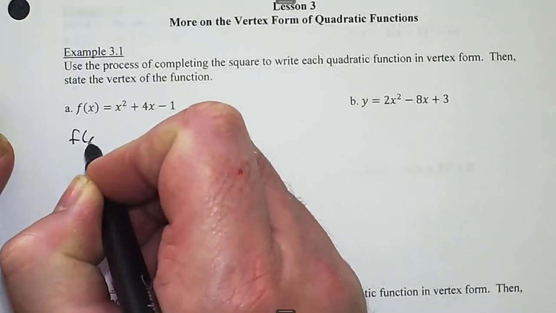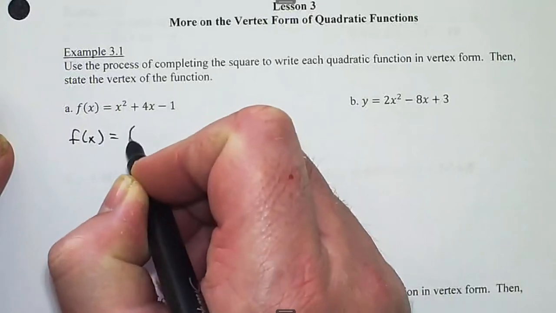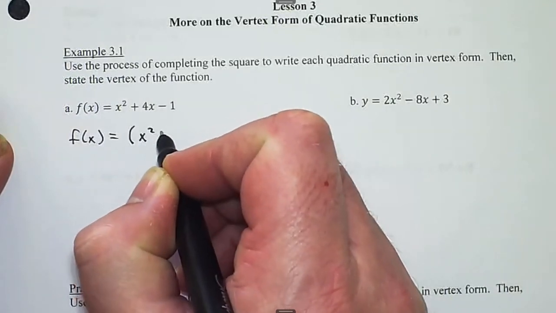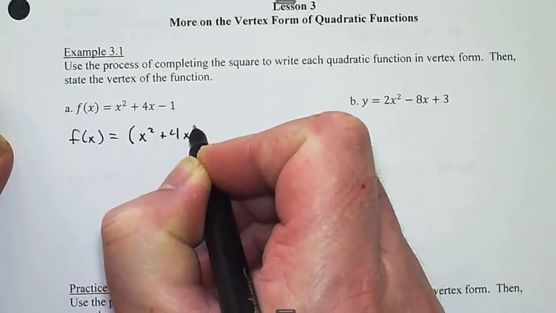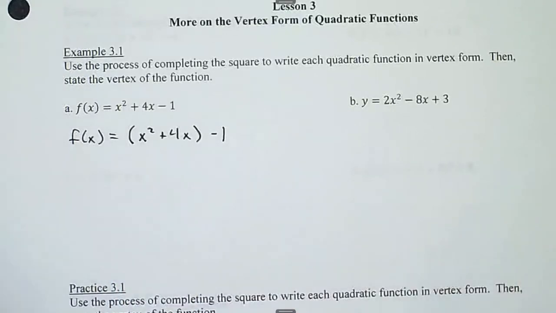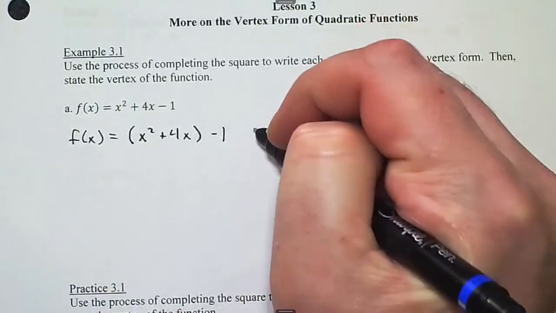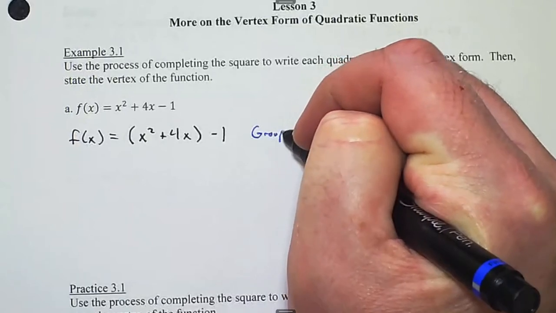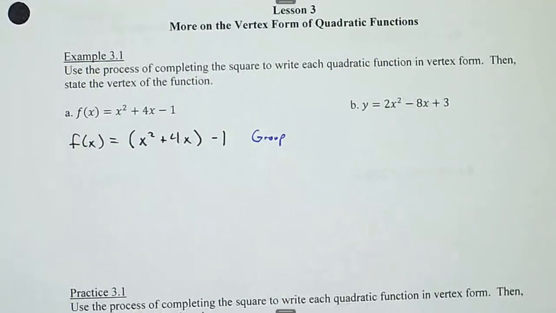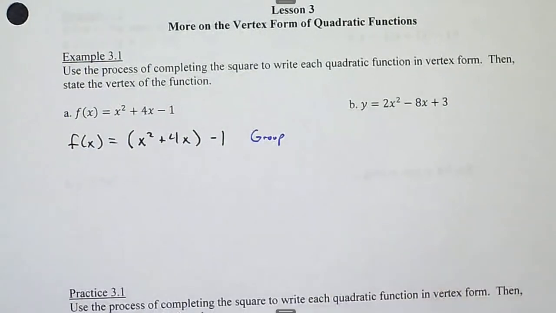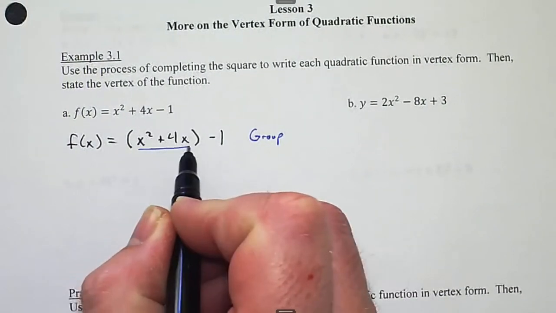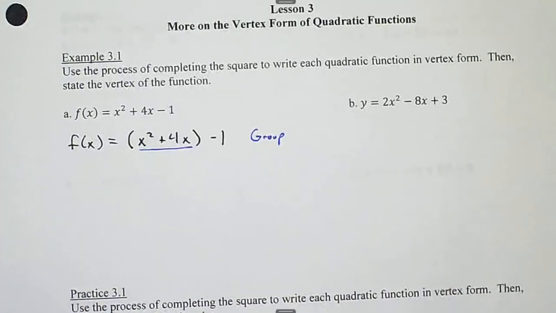So the way we convert to vertex form is we group the first two terms together. That's the first step. We group. The next step is to use completing the square on that binomial there.